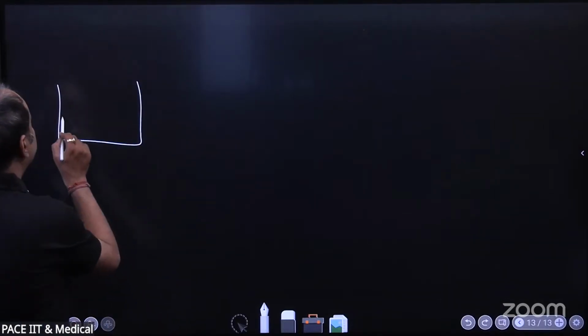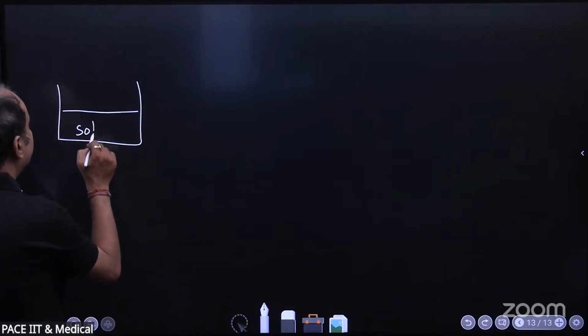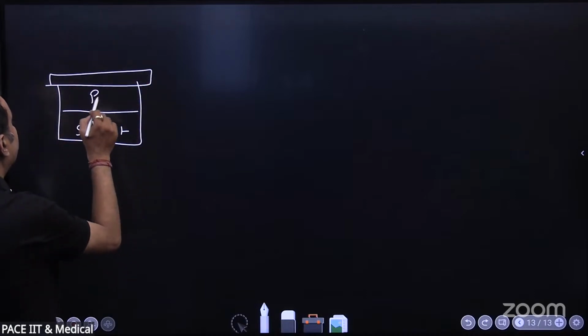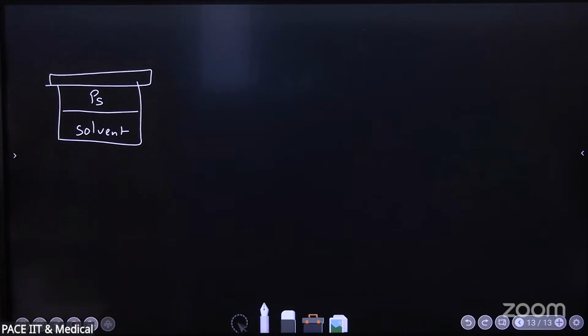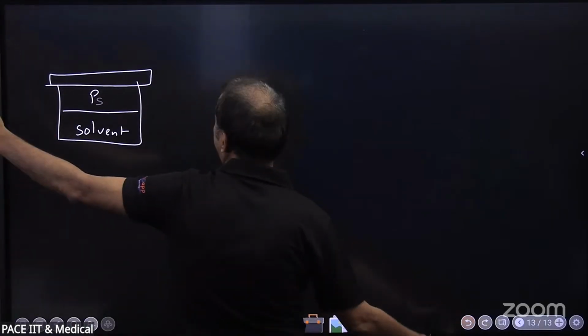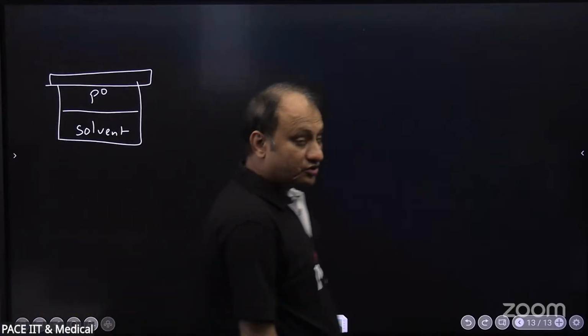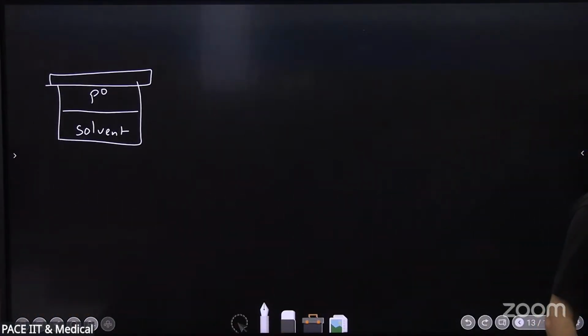So let's say we have some pure solvent in a beaker and the pressure over the liquid by its vapor is, let's say, P naught, the pure solvent pressure. Okay.